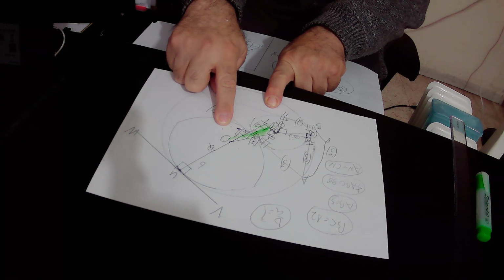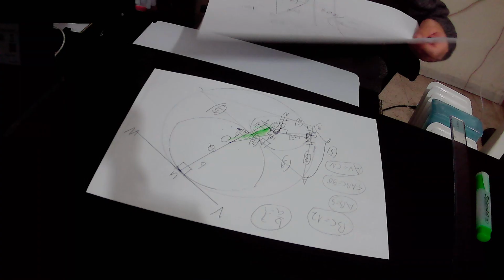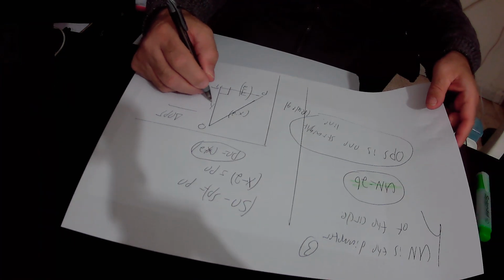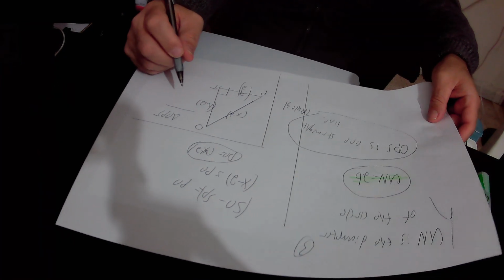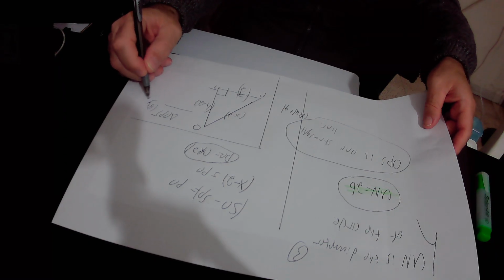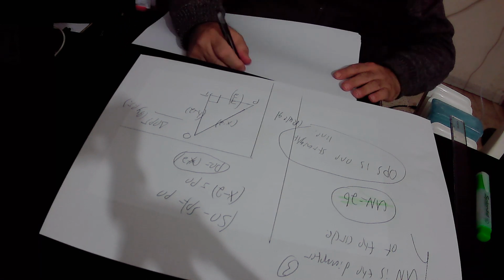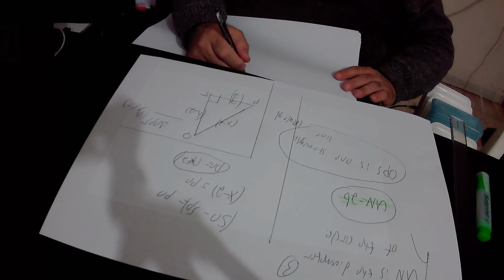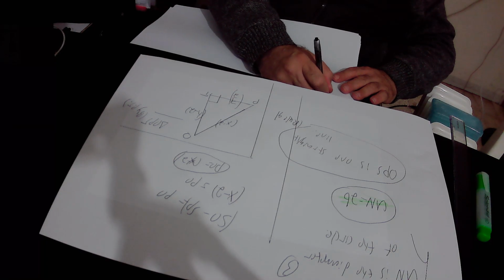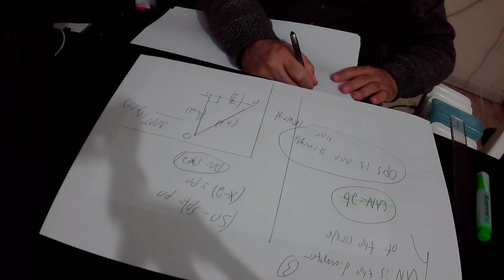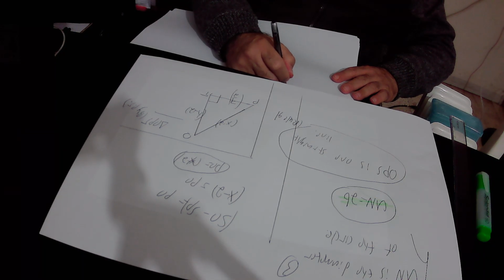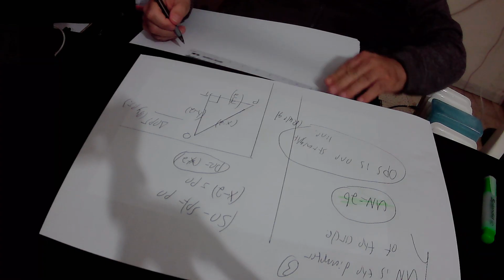That is to say, OT equals ON, that is H, plus NT, that is 2. So in total, OT equals H plus 2. Now we apply the Pythagoras theorem in this right triangle. According to the Pythagoras theorem, PO square equals PT square plus OT square.